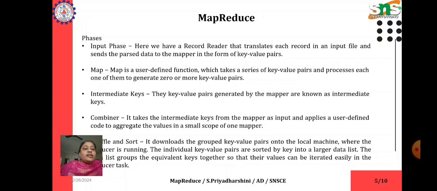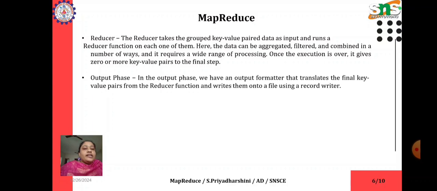Shuffle and sort downloads the grouped key value pairs onto the local machine where the reducer is running. The individual key value pairs are sorted into a larger data set. This is how MapReduce works. In the reducer task, the grouped key value pair data is taken as input and the reducer function is run, mainly in the form of Java language.